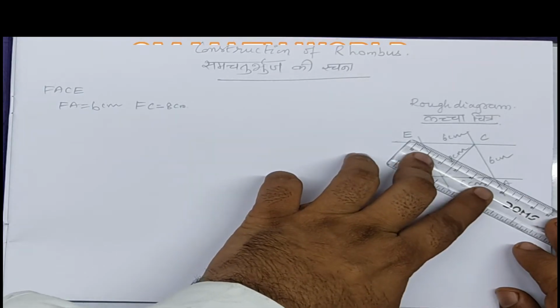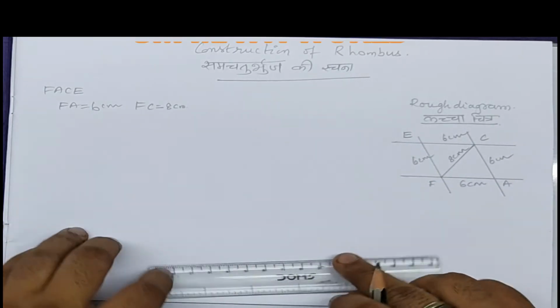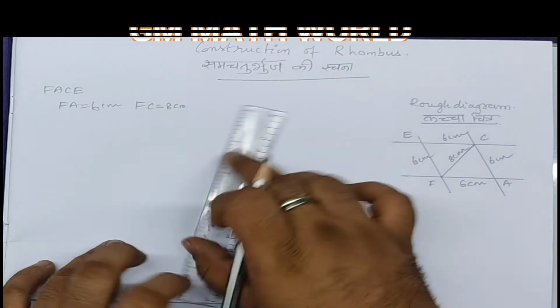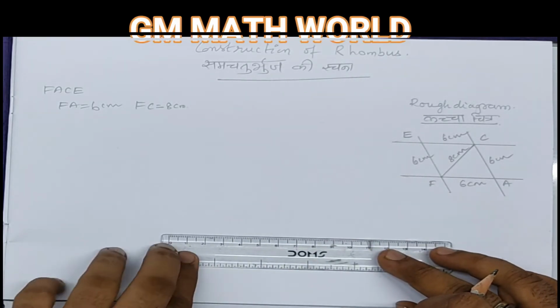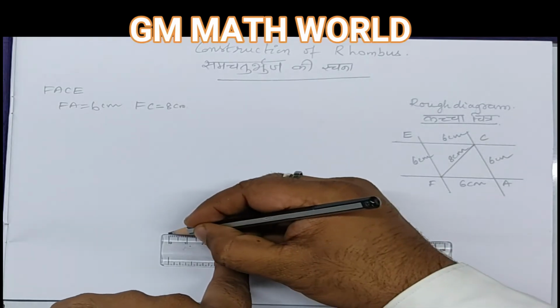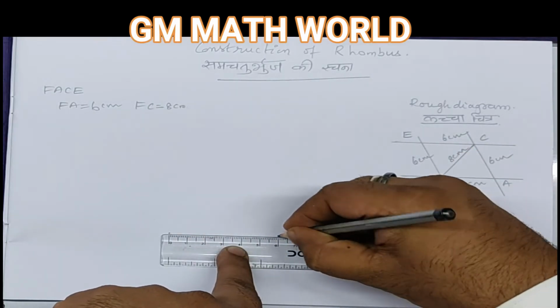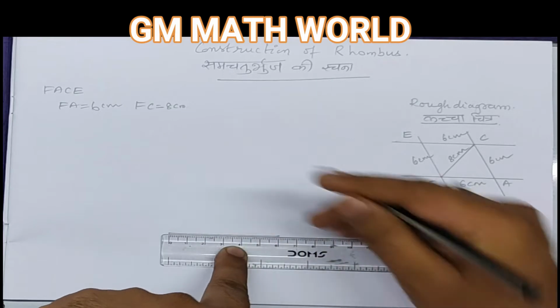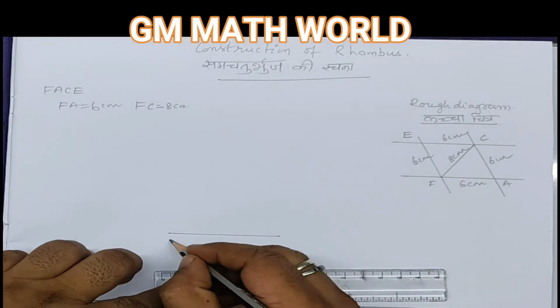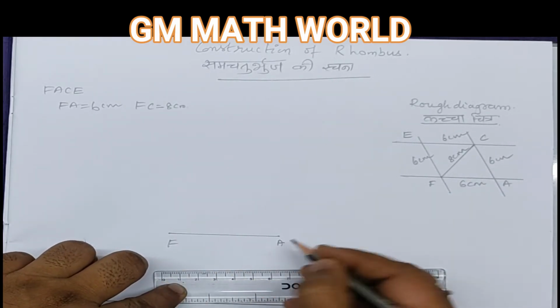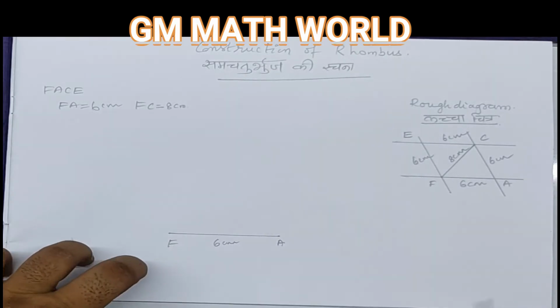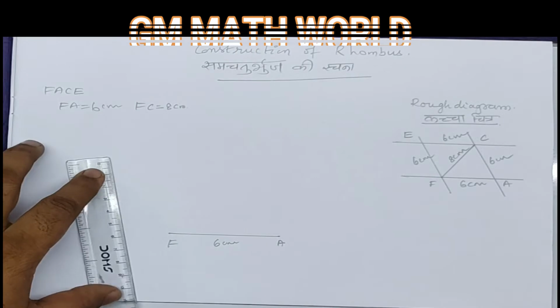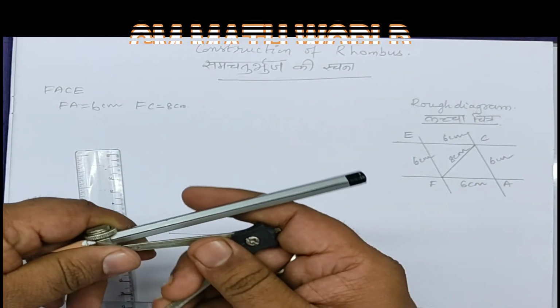Now it's time to draw the flat diagram. Put a dot at 0 and at 6 cm. Now join both the dots. Give the name FA is 6 cm. Now take your compass, take radius 8 cm in the compass.